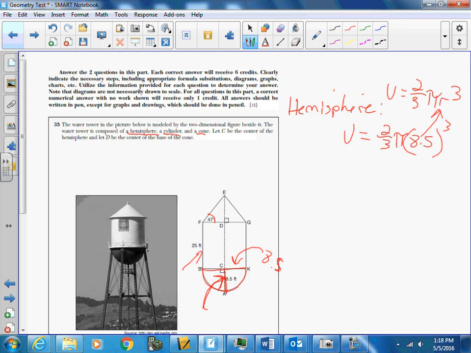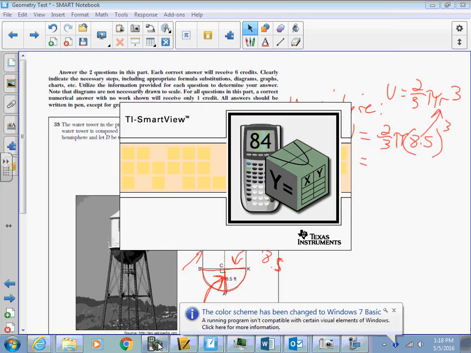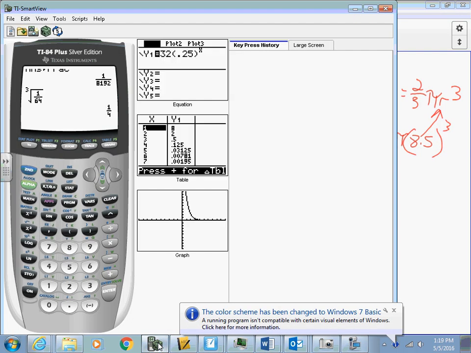And once you do that, that is equal to, let me get out my calculator here. I'm going to do this on the calculator just so we can see what value we get together. All right, so I'm plugging in now.